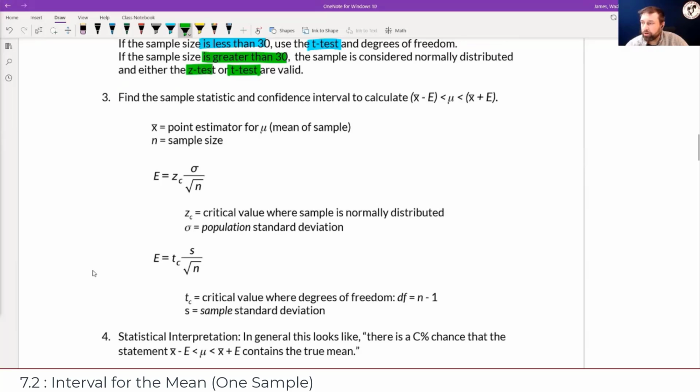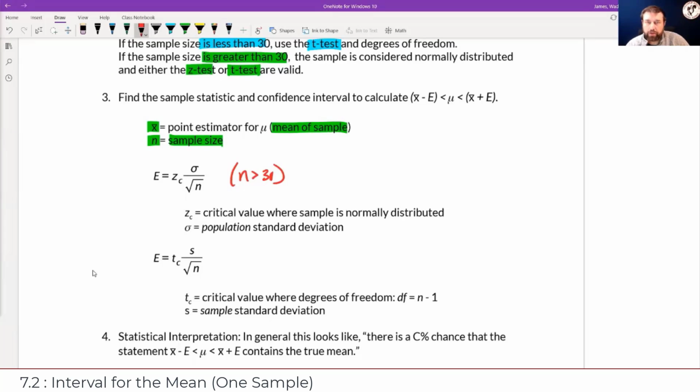We're going to locate our point estimator, the mean of our sample, okay? And then we have to indicate our sample size, and then we're going to calculate our margin of error, which if our number of items is greater than 30, we're going to use the z-score. So this is n is greater than 30.